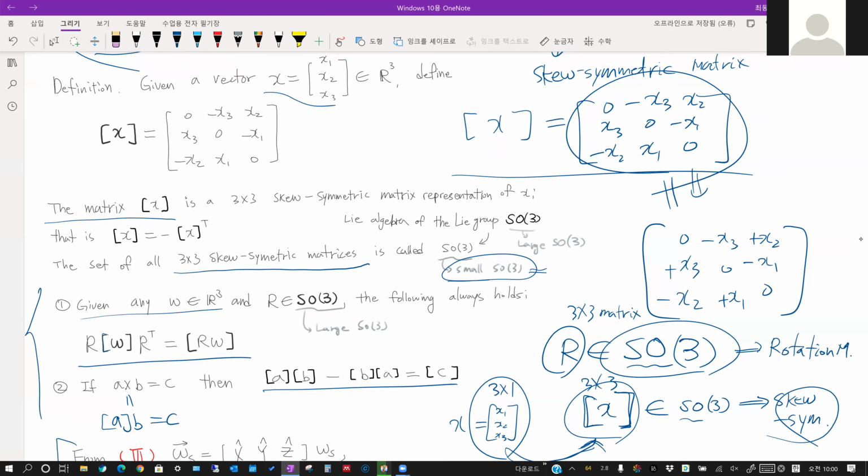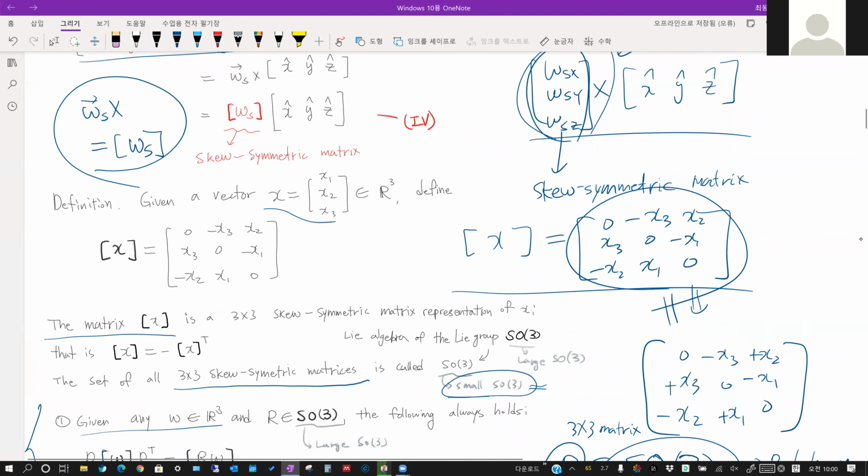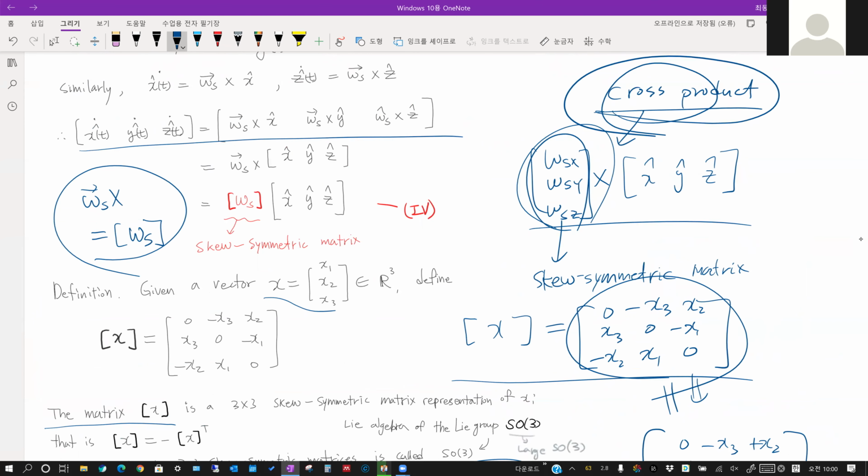This vector can be transformed to a skew symmetric matrix, and this is used for the cross product. So this symbol can be converted to the skew symmetric matrix for a simpler calculation of the cross product.